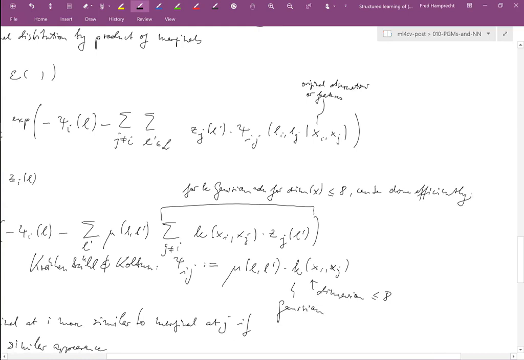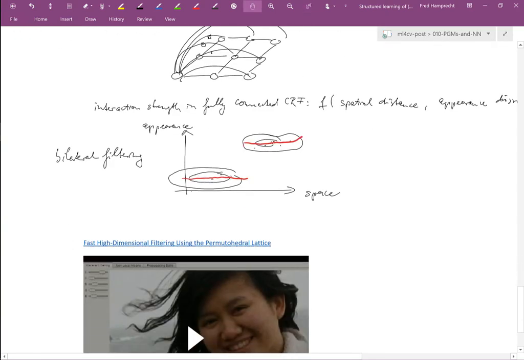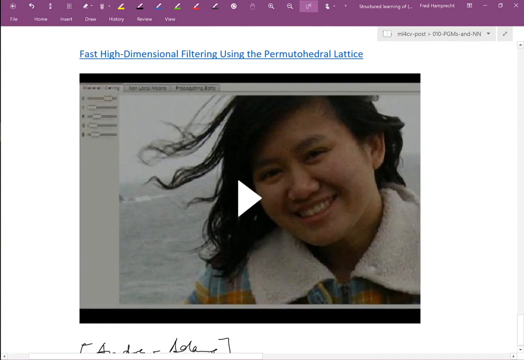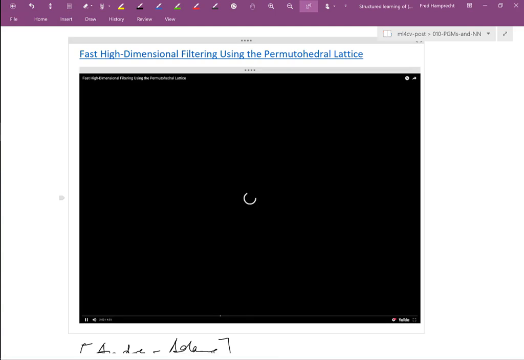And this can be done efficiently on something called the Permutohedral lattice. And that sounds maybe fancier than it is. But it's a very nice piece of work, and I here have the video which explains this super succinctly.